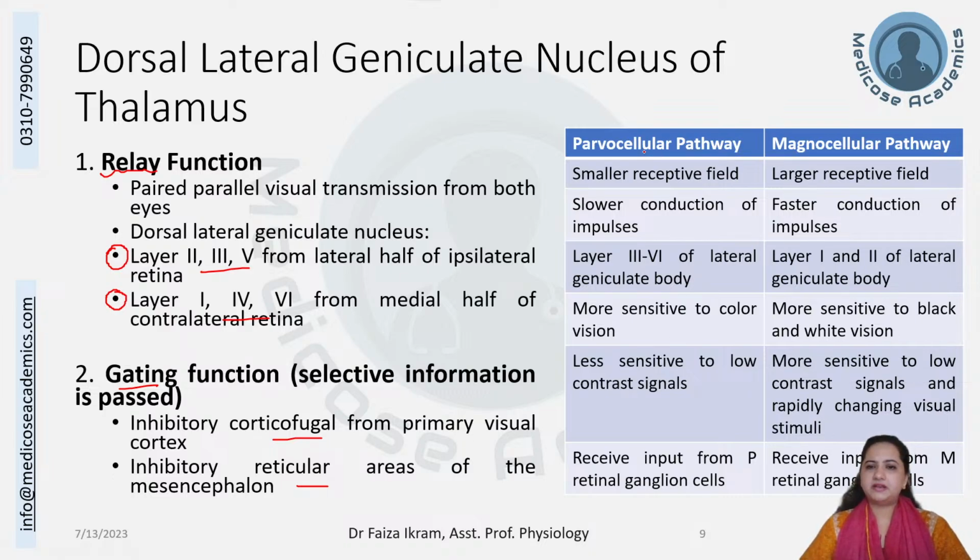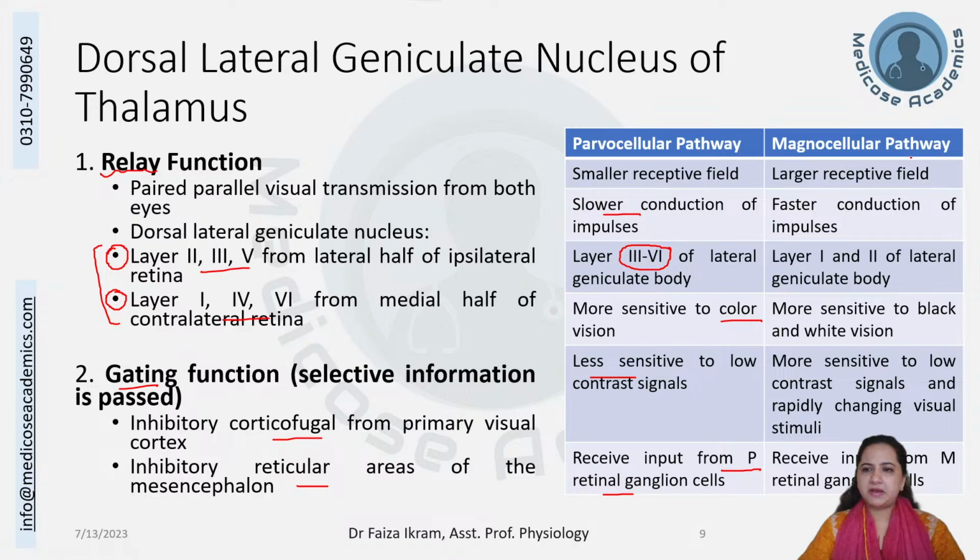Parvocellular pathway will be concerned with more of the color vision. It will be having slow conduction velocity. It will be having low sensitivity but more accuracy. They will be receiving input from the P-type retinal ganglion cells, and these are found in layer 3 to 6 of the lateral geniculate body.